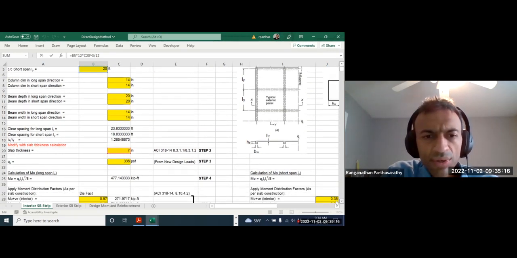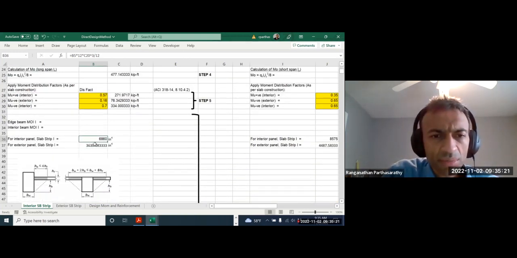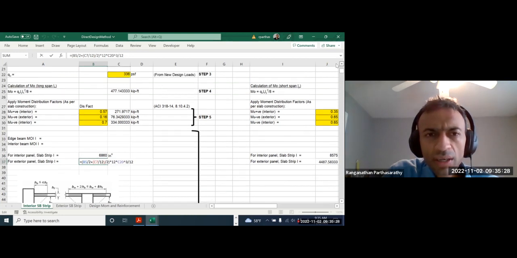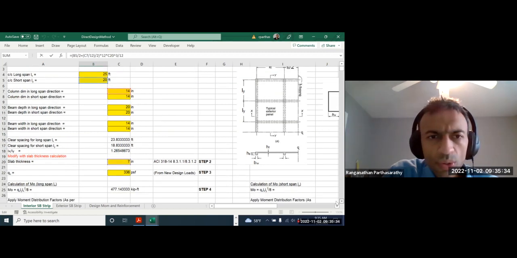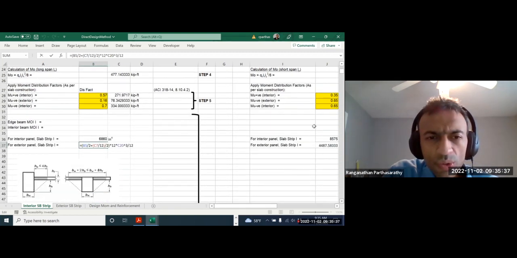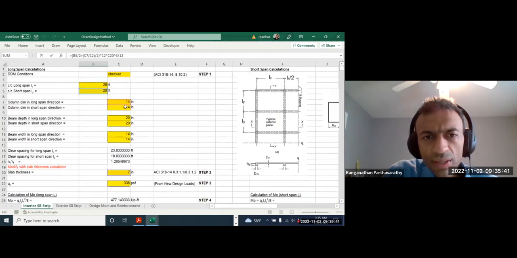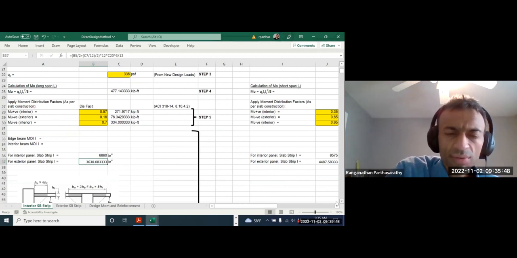But if you're looking at the exterior panel's slab beam strip, then we are only using half of the short span dimension.